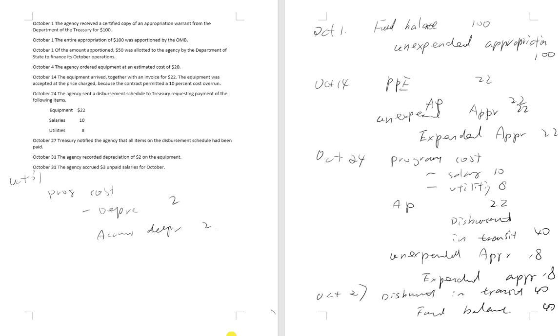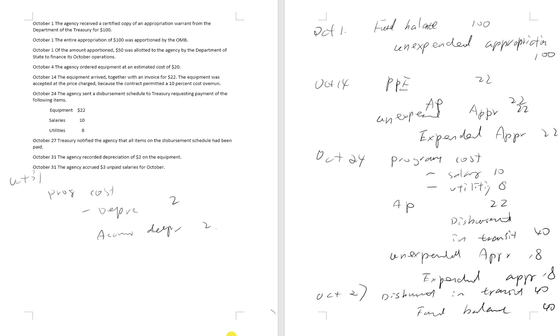So we're going to recognize the $3. So we debit allotment, we use our allotment, and credit delivered goods unpaid, $3. So we can pay in the future using this period's budget.